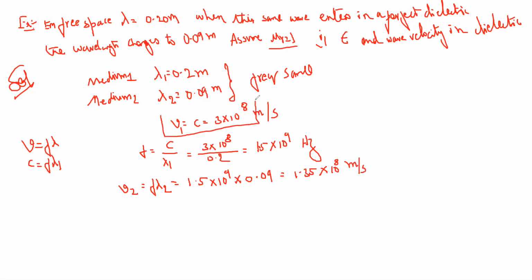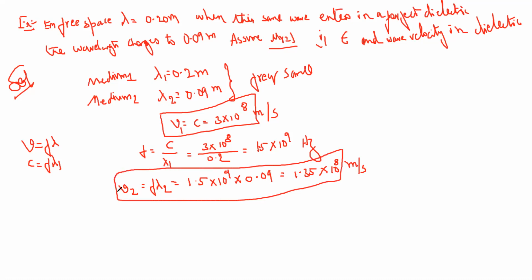Okay, the V1 we got is a constant value. The same frequency, 1.5 into 10 to the power of 9, is used for both lambda 1 and lambda 2. Now the second velocity V2 is 1.35 into 10 to the power of 8 meters per second.